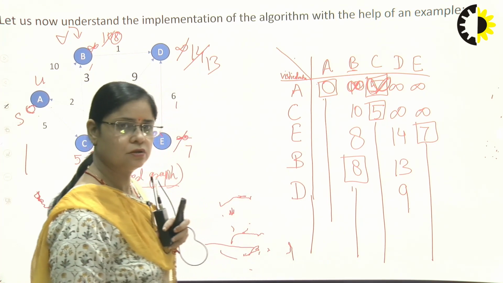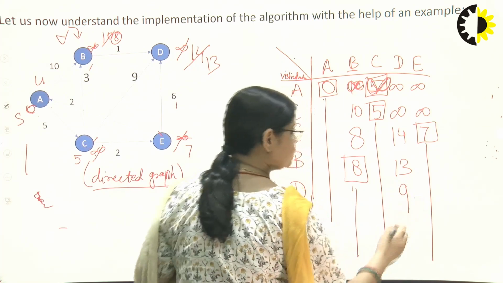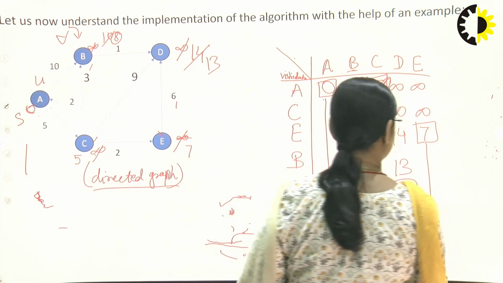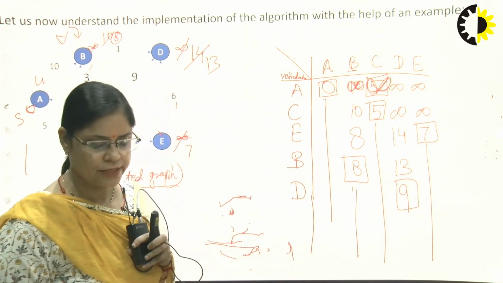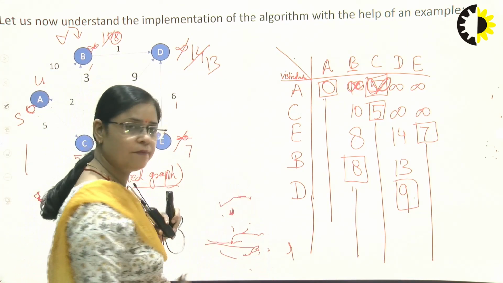So if you see, this is the final value, 9. If I am saying shortest, what will be the shortest path?